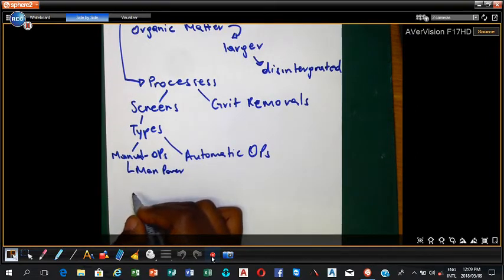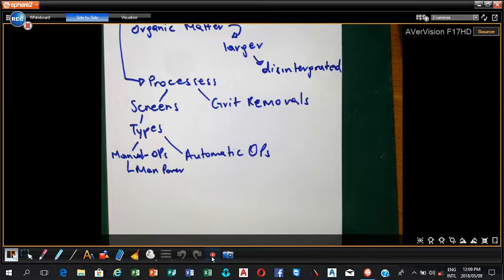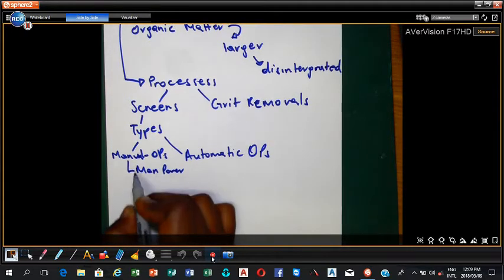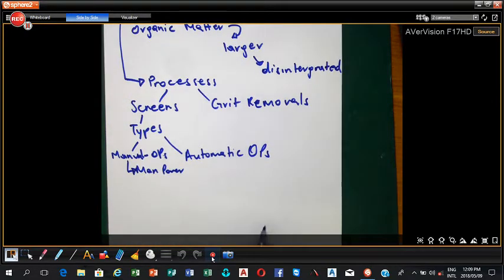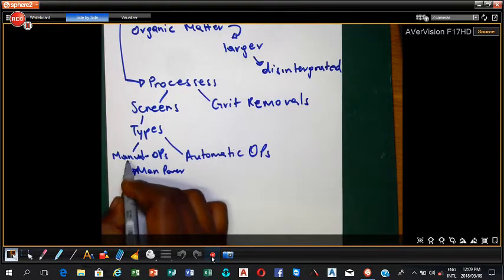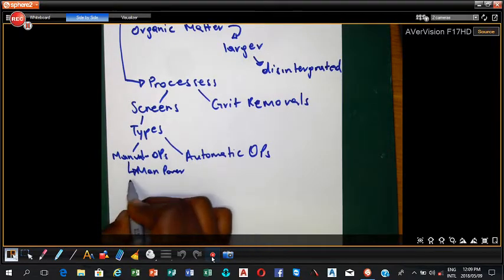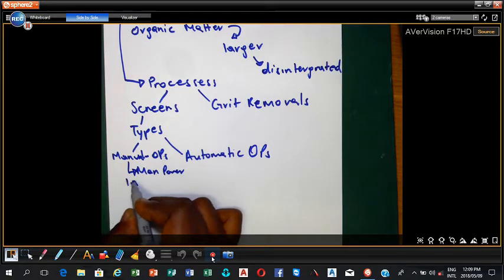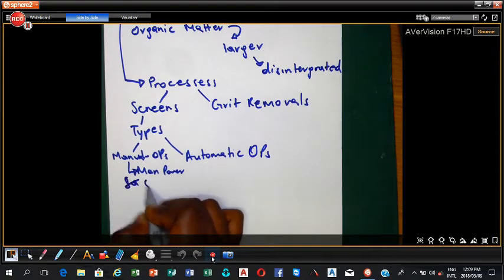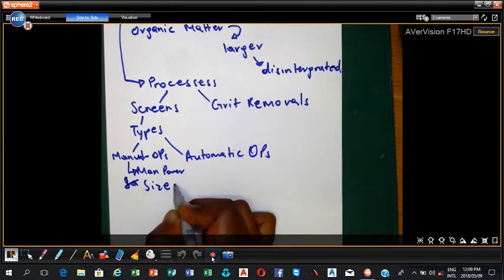Now, when it comes to labor intensive, we know that the Department of Public Works is informed very well in terms of EPWP, which is the Expanded Public Works Program, by which they believe in employing more men than machines. Also, the manual operated screens depend on the size of the plant.